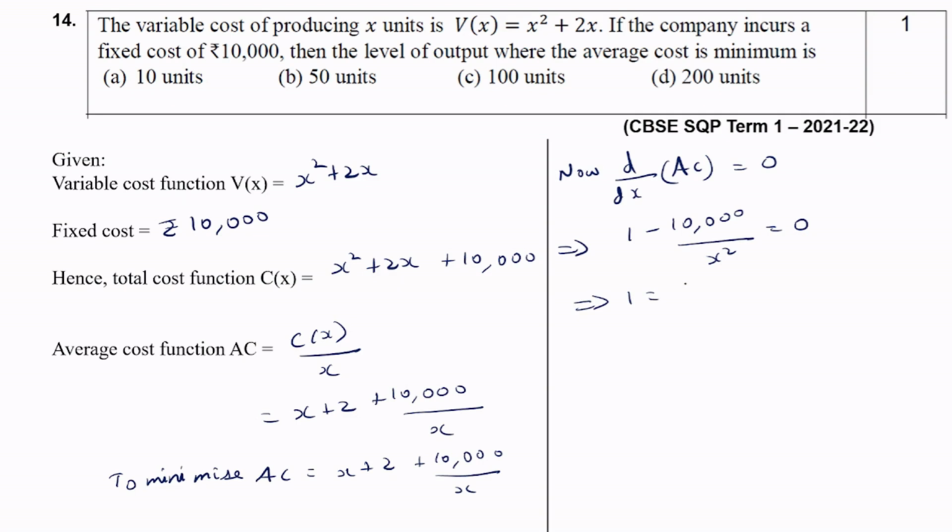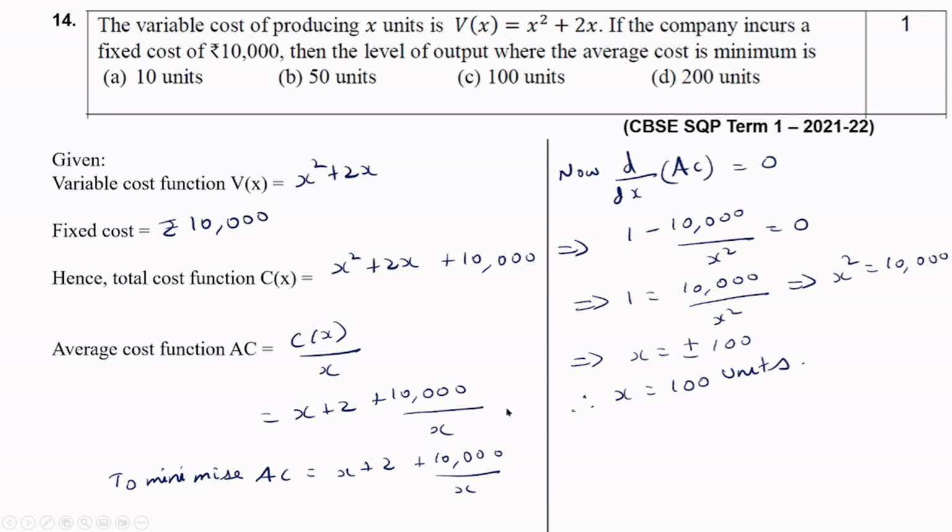So from this we get 1 equal to 10,000 upon x square, or we have x square equal to 10,000. So we have x as plus or minus 100. We cannot have minus 100 since it is the level of output. Therefore, x equal to 100 units.